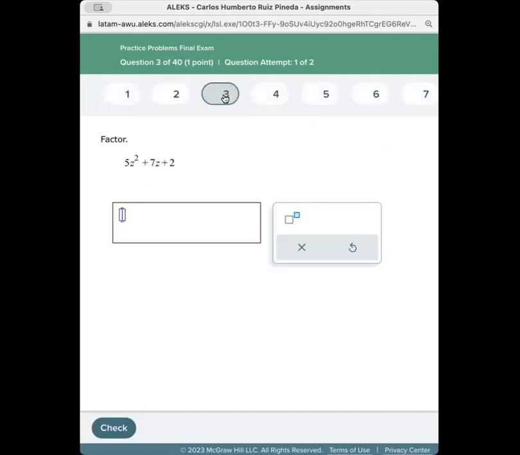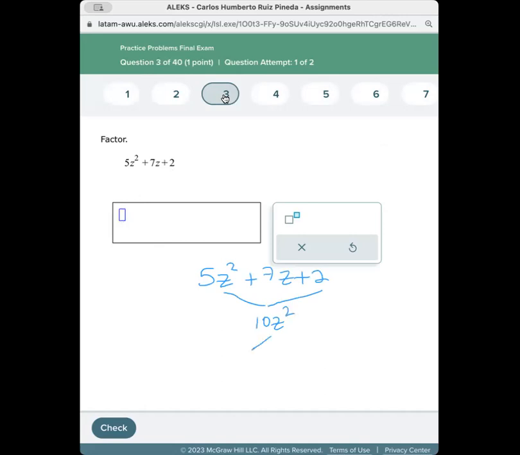Factor 5z squared plus 7z plus 2. So for this, remember the steps we followed. The first step is to multiply the first and the third, which is 10z squared.